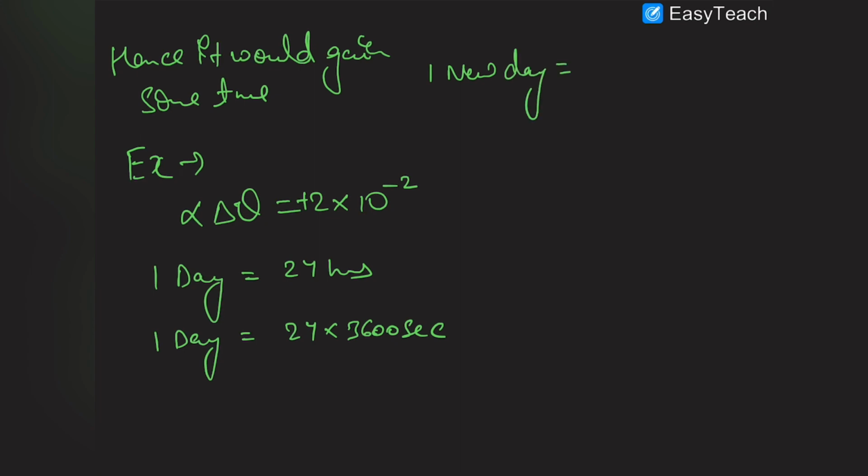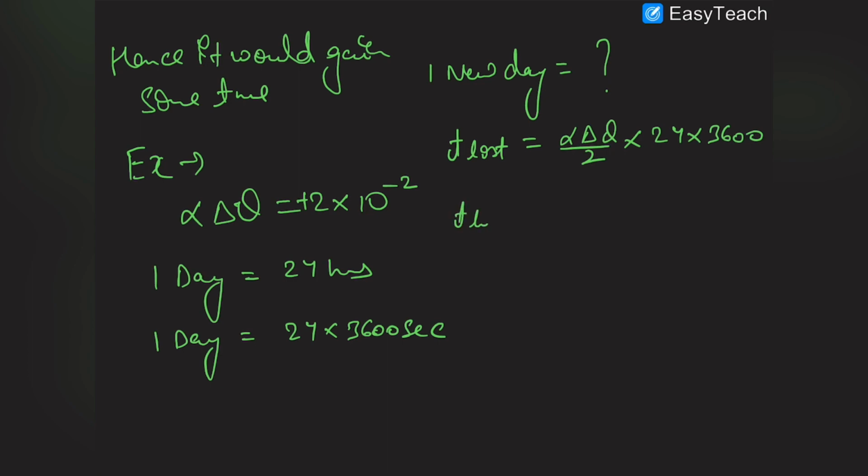The time lost by the clock in this case will be equal to αΔθ/2 into the length of that one day, which is 24 into 3600.